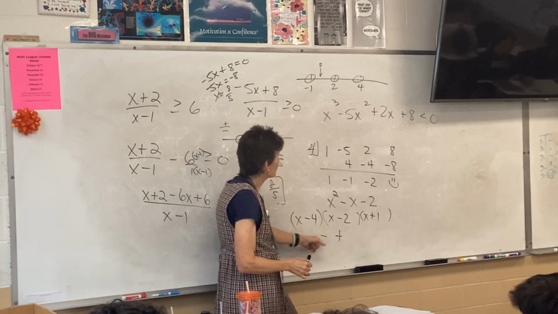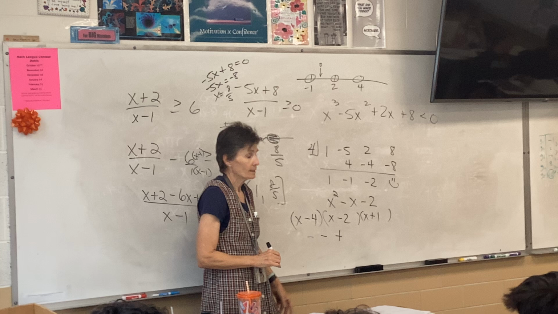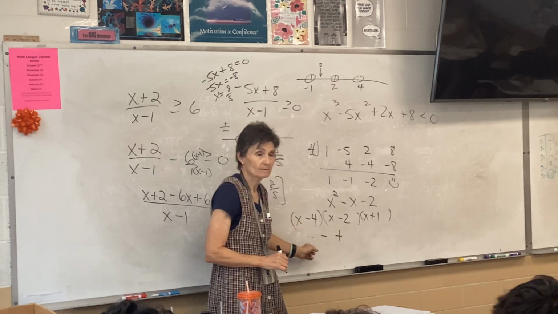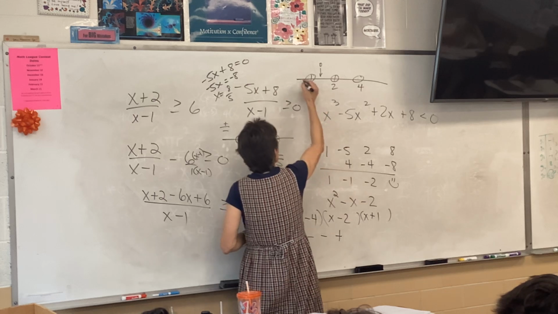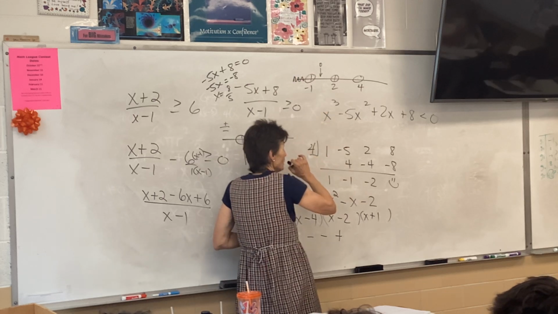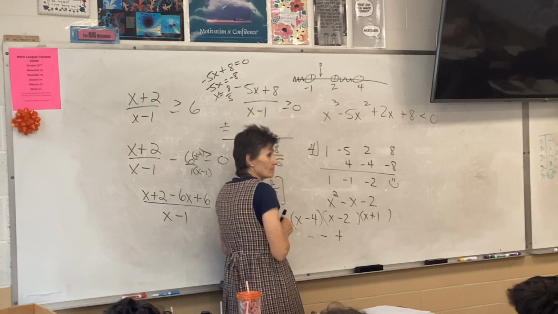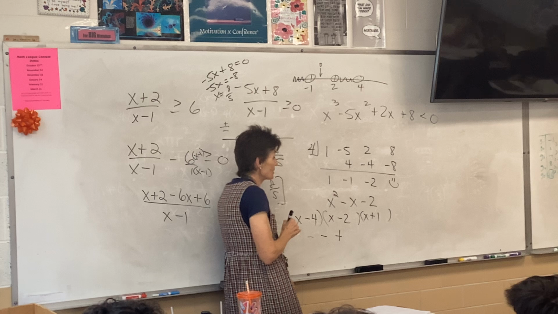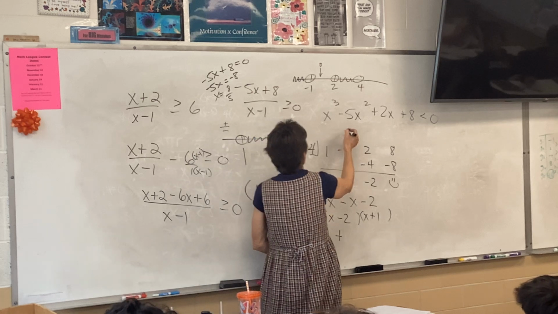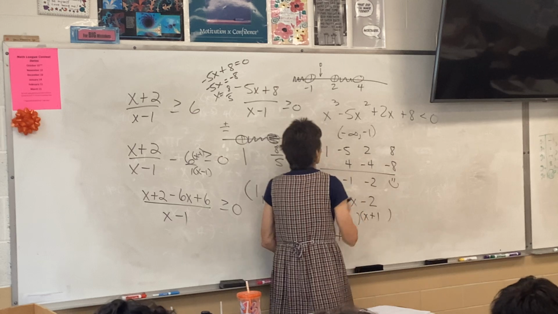Is that going to be less than 0? No, it's positive. So I don't shade where the 0 is, so I will shade here and here. Are you with me? So what's my final answer? Negative infinity to negative 1, and then 2 to 4.